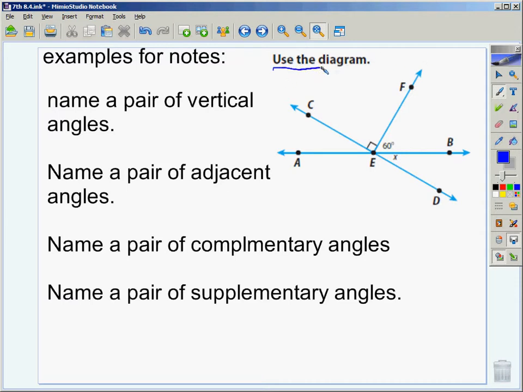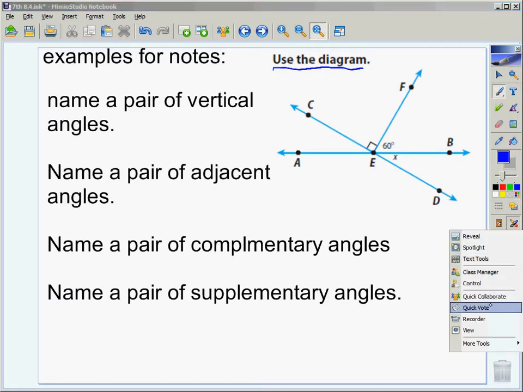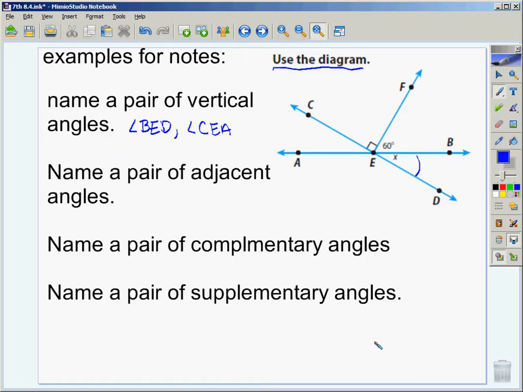Please draw this diagram. Doesn't have to be perfect, but please make sure that you label it like you see it up here. Take the time to draw the diagram. When you're done, if you just say vertical angles, you wouldn't have to write the whole thing out. I gave you this one.